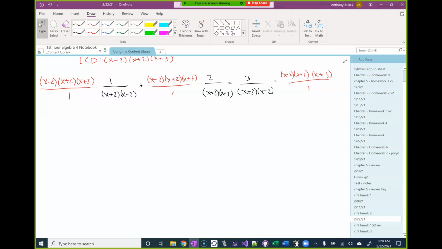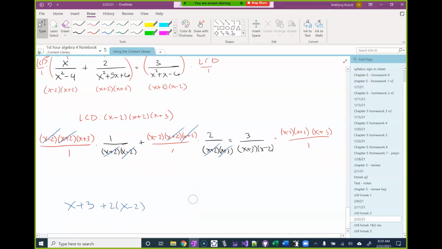Now I'm going to do some reducing. The first pair of fractions multiply to just give me x plus 3 times 1, or just x plus 3. Then I have 2 times x minus 2.